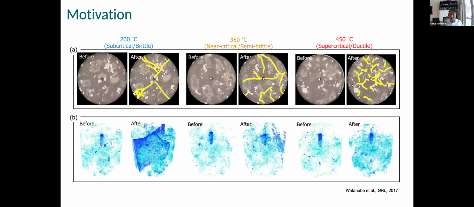But their experiments show that it looks possible to stimulate and create fractures even in supercritical geothermal conditions. But then the question is, why does the pattern of fracture change? Why do fractures become more complex as we increase the temperature?